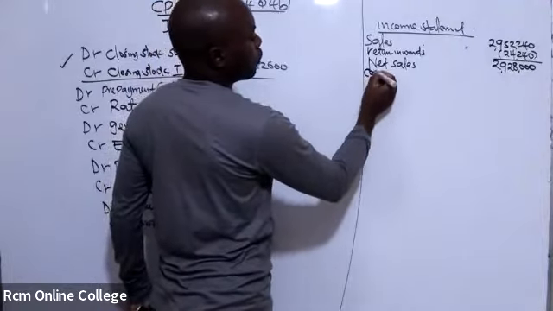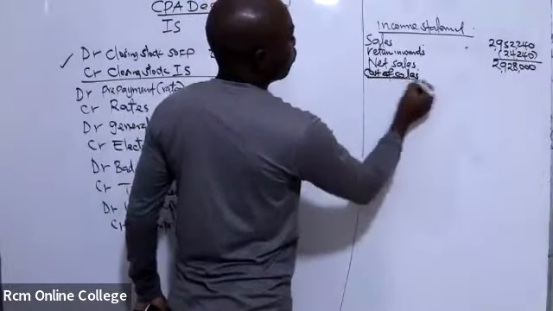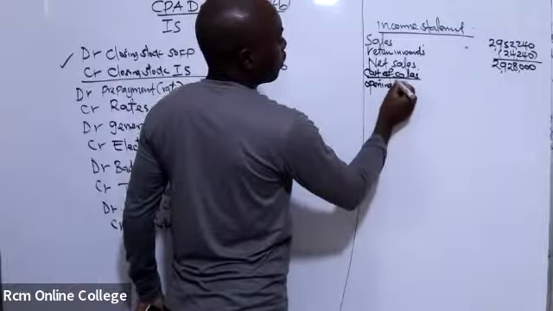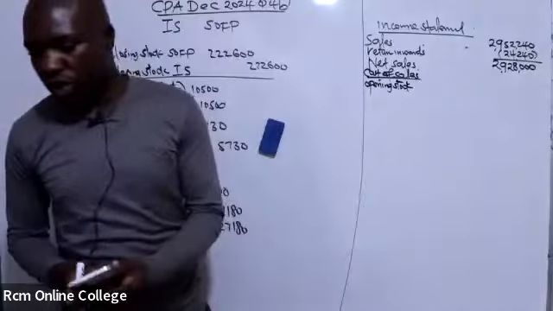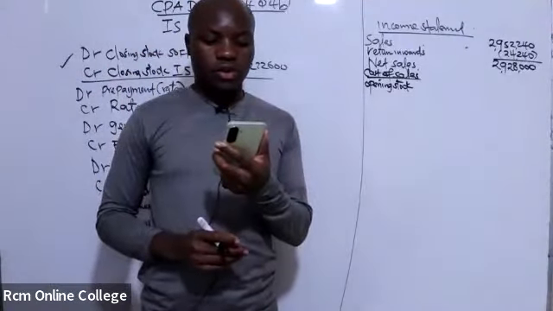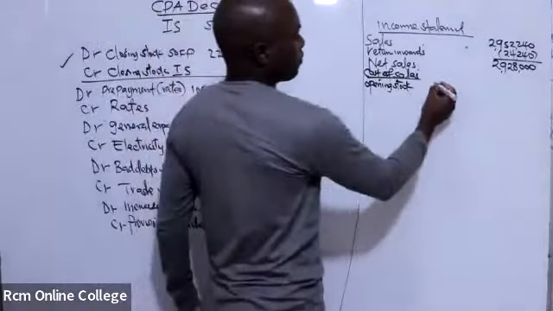So cost of sales, we start with opening stock. Do we have opening stock in the trial balance? Yes. Inventory as at 1st of October 2023 is 183,000.